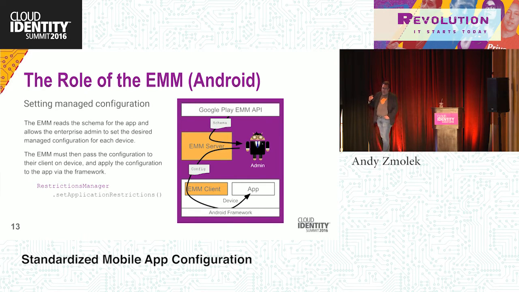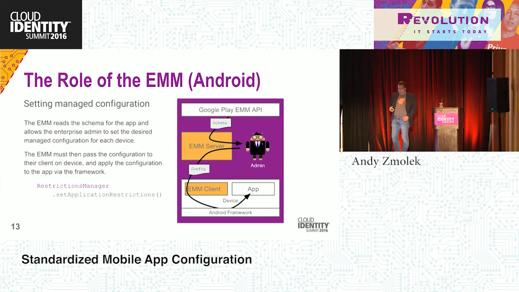What's going to happen then at the EMM server is they're going to set up the display of that configuration for the enterprise admin, who then gives the EMM the necessary information to configure that for individual users, groups, devices, etc. That gets pushed from the EMM server to the EMM client on the device, which makes calls to the Android framework. We'll talk about that in just a moment. But it's basically just setting the application restrictions using this call down here.